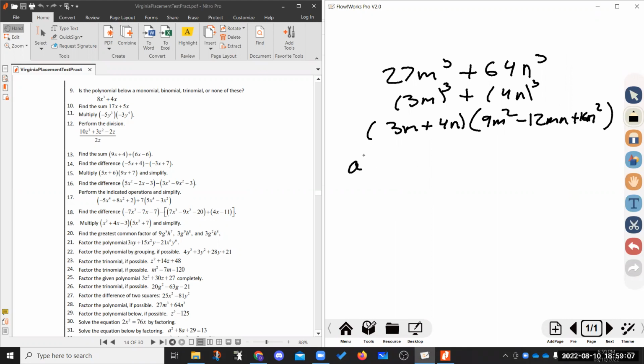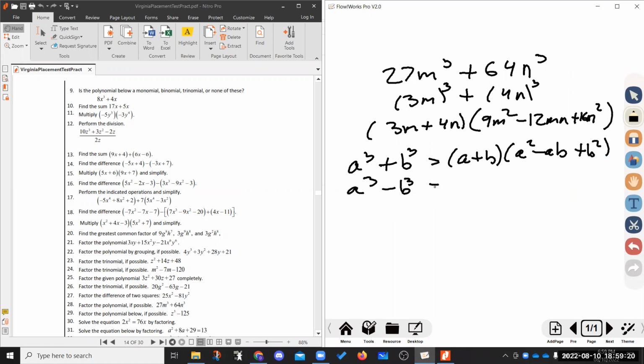That's because a cubed plus b cubed is always equal to a plus b times a squared minus ab plus b squared. A cubed minus b cubed, when we get to that one, is going to be a minus b times a squared plus ab plus b squared.